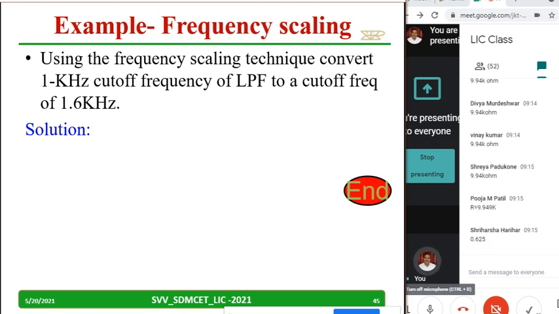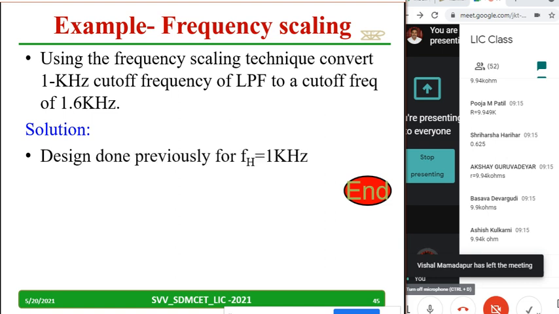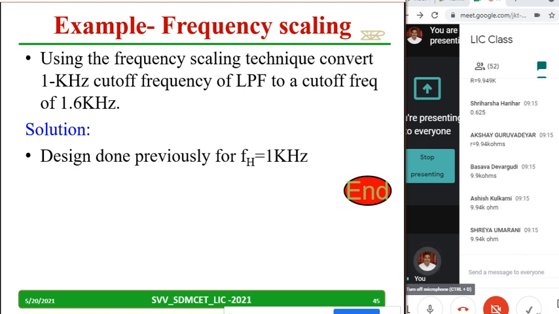Sri Harsha has given 0.625. Basava has given 9.9 kilo ohms. Ashish Kulkarni has given it. Most of the names I am seeing now in the chat box. So happy to see all the names and call their names. In the class we used to call attendance, but now it is easy to remember the names. Shreya Umirani, very good. Siddhartha has typed 9.9.